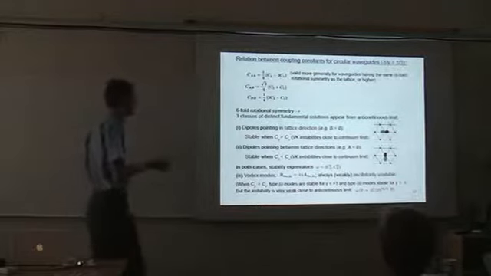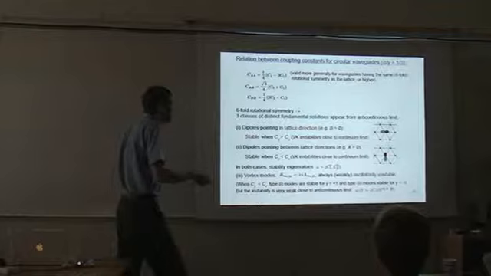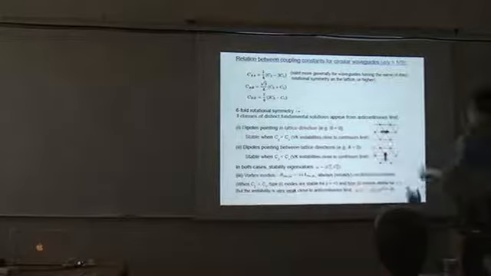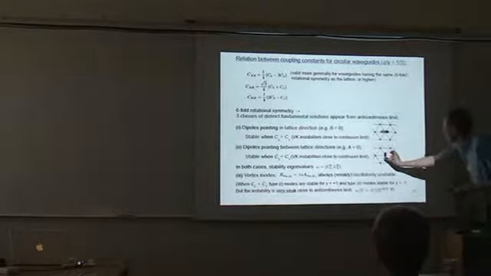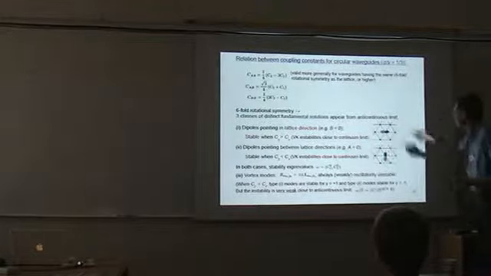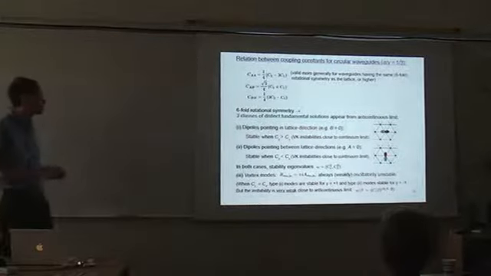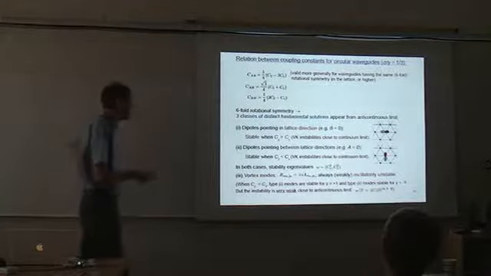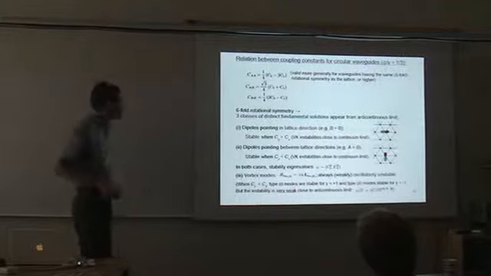On the other hand, you may have solutions that are pointing between lattice directions. When pointing between, you can choose it like here to be vertical, or you could also put it with any 60-degree rotation. The first one will be the one which is just a 30-degree rotation. These modes are stable when C2 is smaller than C1, so in that case you have the favorable situation that this coupling will be stronger.